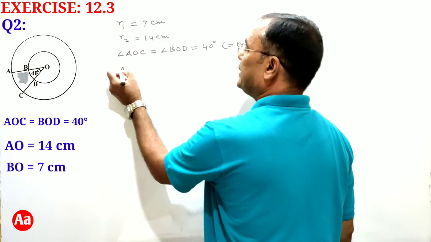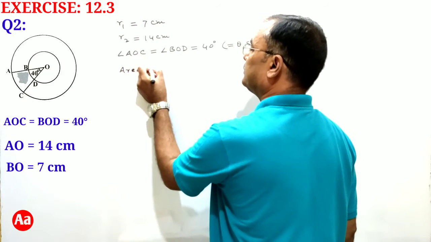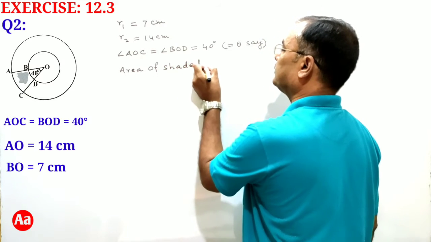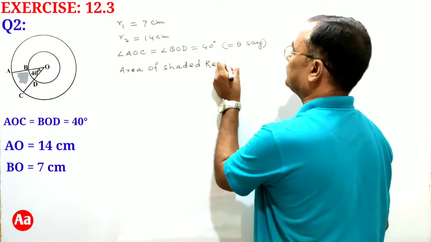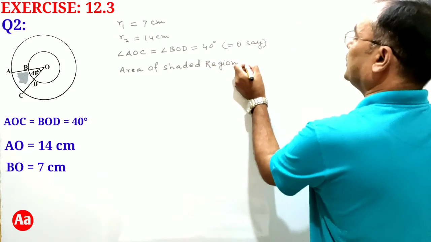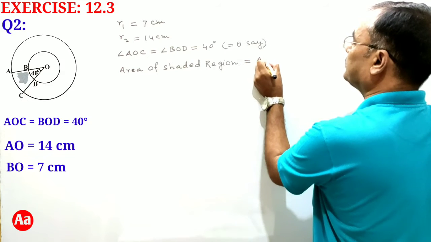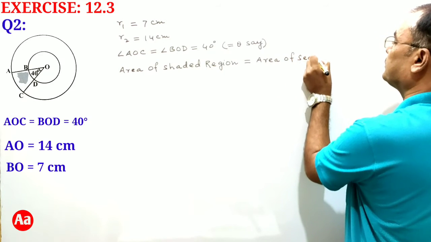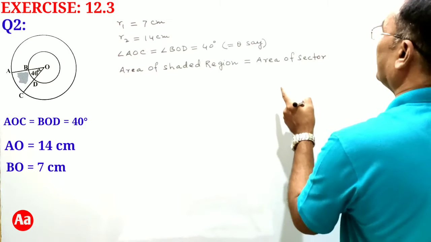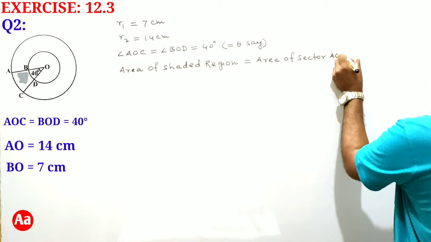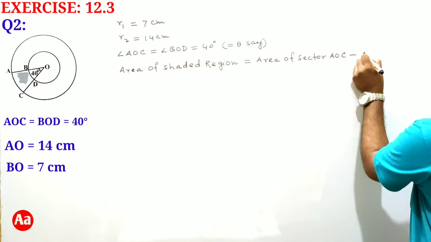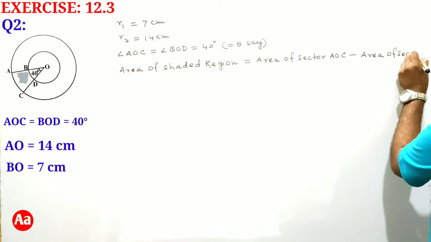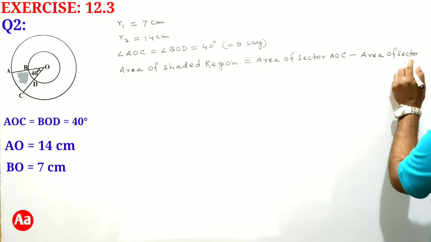So area of shaded region equal to area of sector AOC minus area of sector BOD.